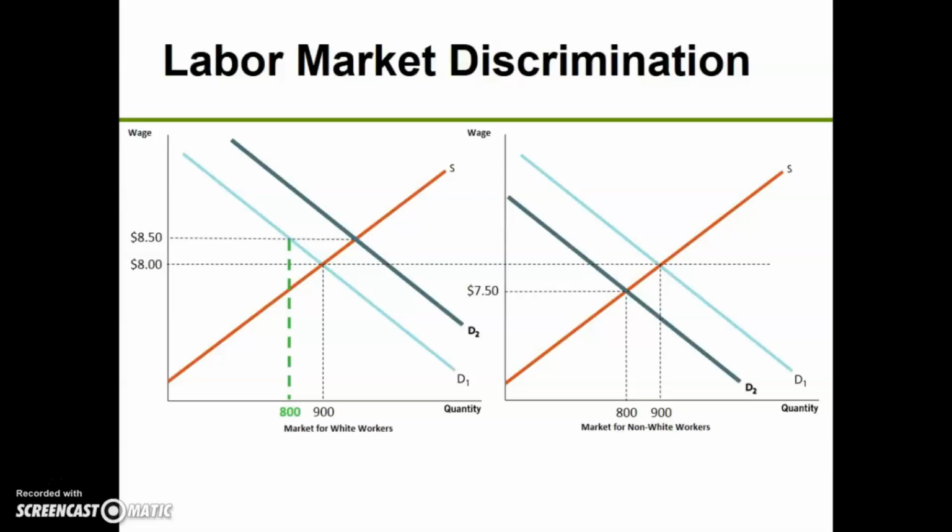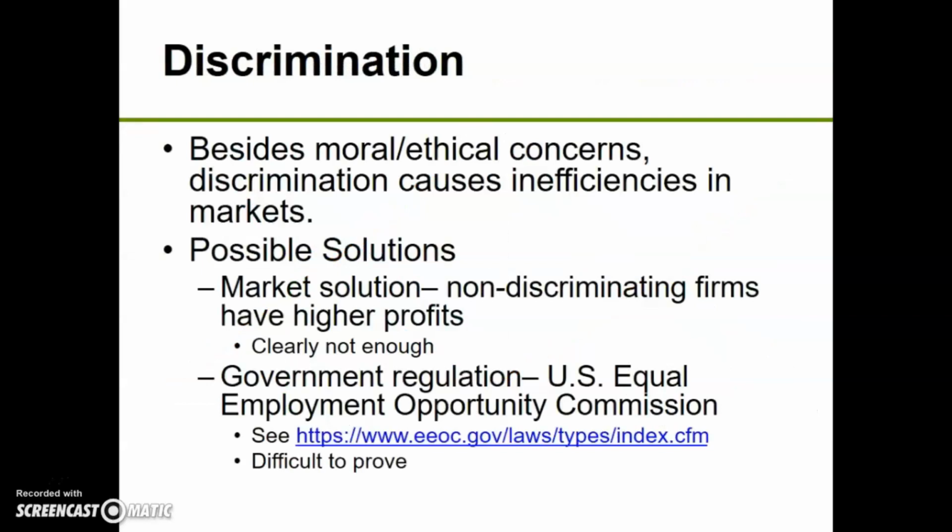So what will happen is they'll pay that premium wage in order to attract more white workers than non-white workers, but they'll only end up hiring the number of those workers that they can afford. So besides the moral and ethical concerns surrounding discrimination, we see that discrimination causes inefficiency in markets, where fewer workers are hired, but for a higher price.